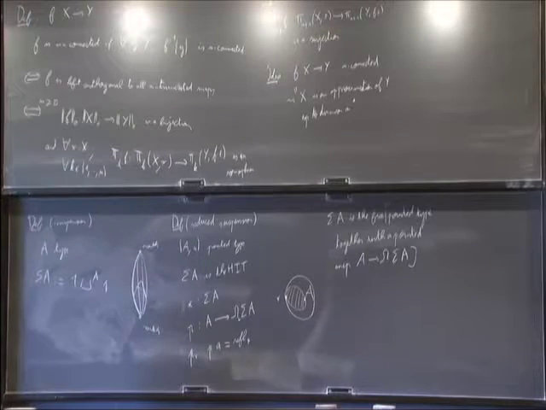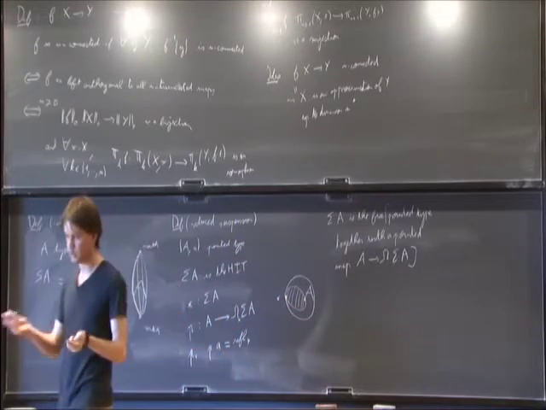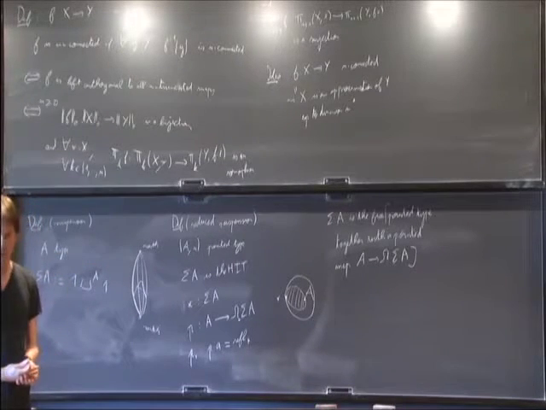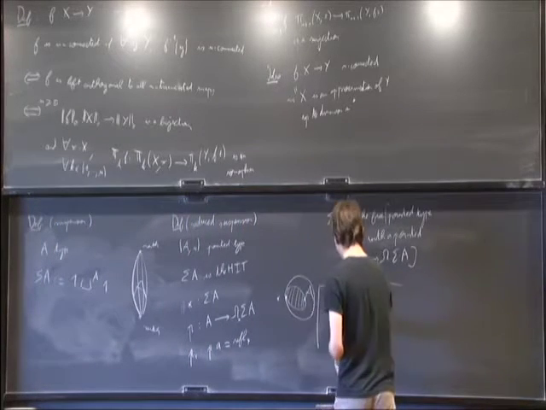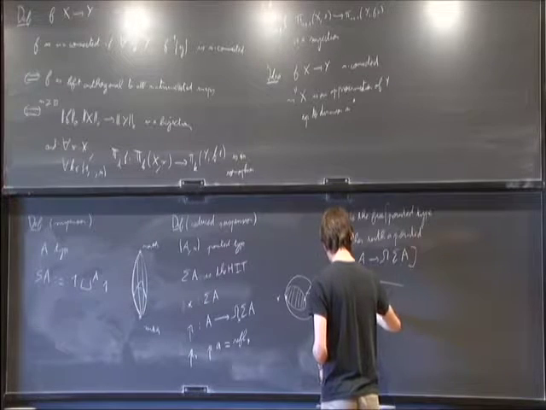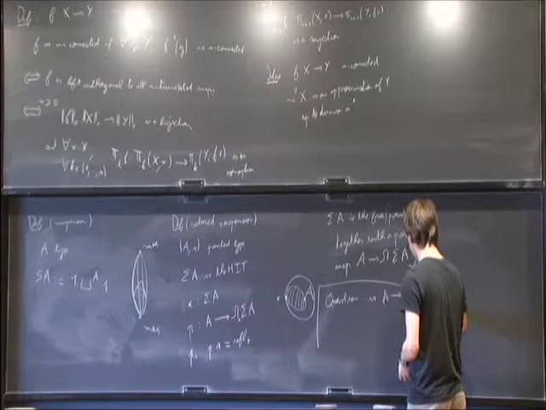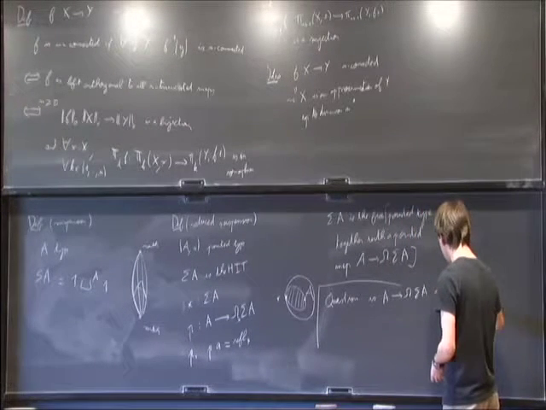So we could ask, are the two operations inverse to each other? Say, if you increase the dimension and then reduce the dimension, is that an equivalence? So we have this map A to omega sigma A. Is that an equivalence?